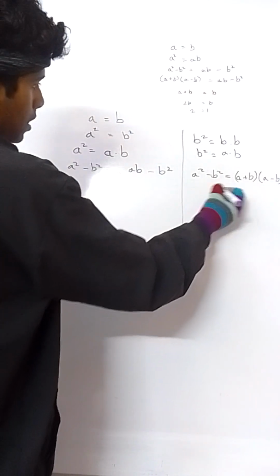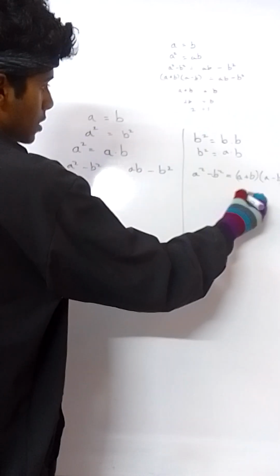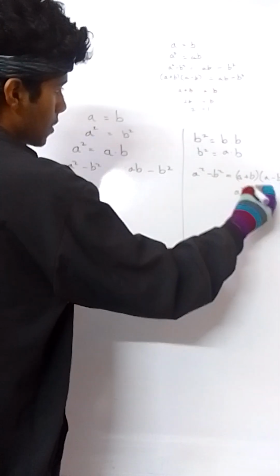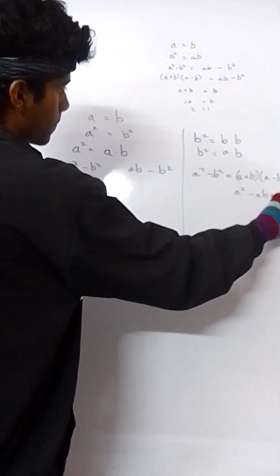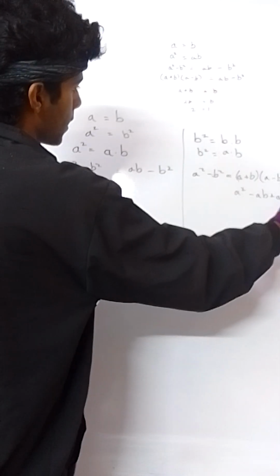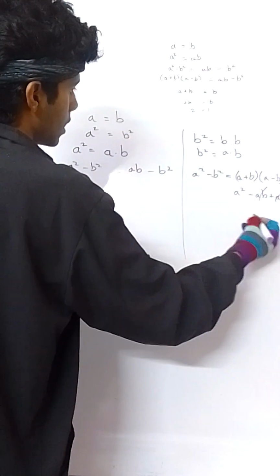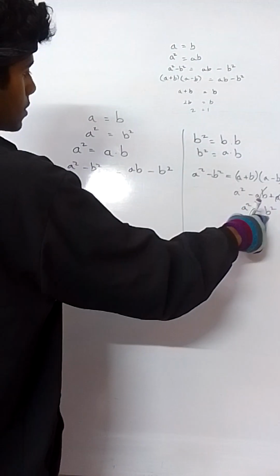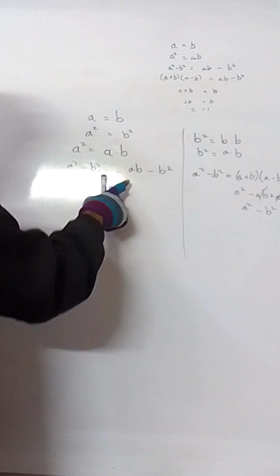Simply multiply this. A into A is A squared, A into minus B is minus AB, here plus AB, B into A is plus AB, and then this would be minus B squared. These two cancel out, and what will remain is A squared minus B squared, so it's an equal thing.